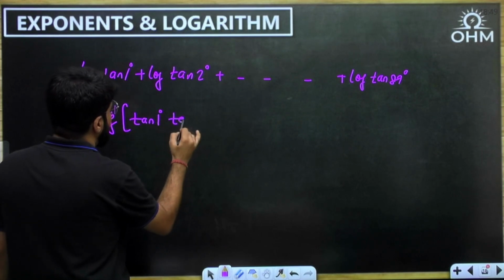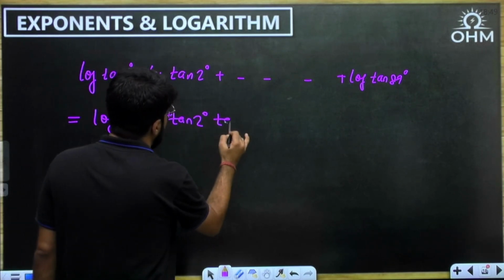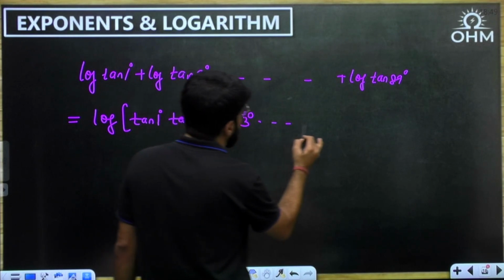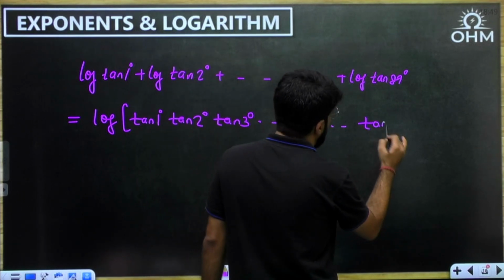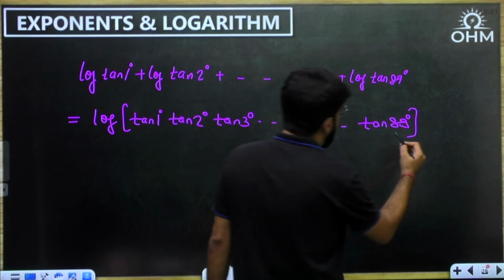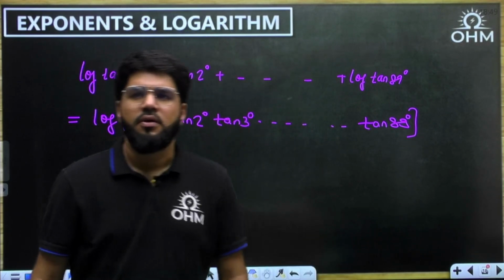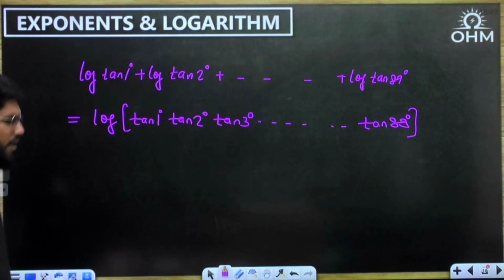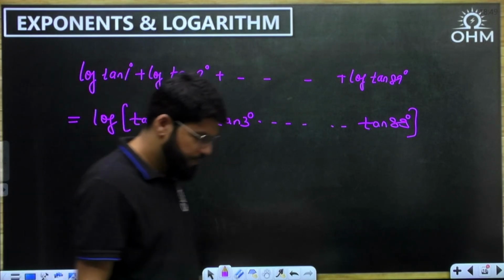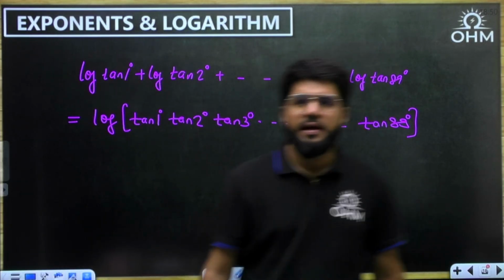Log of tan 1 degree, tan 2 degree, tan 3 degree, up to tan 89 degree.